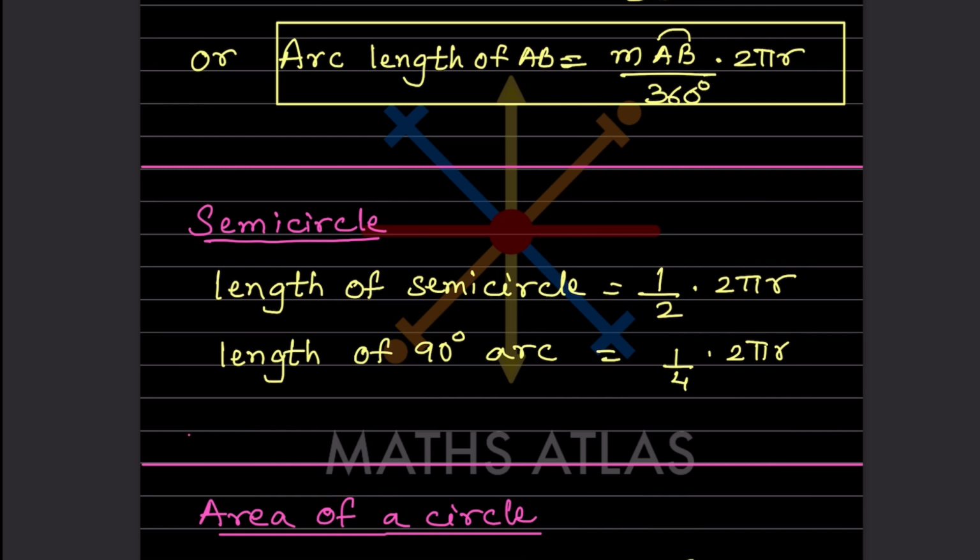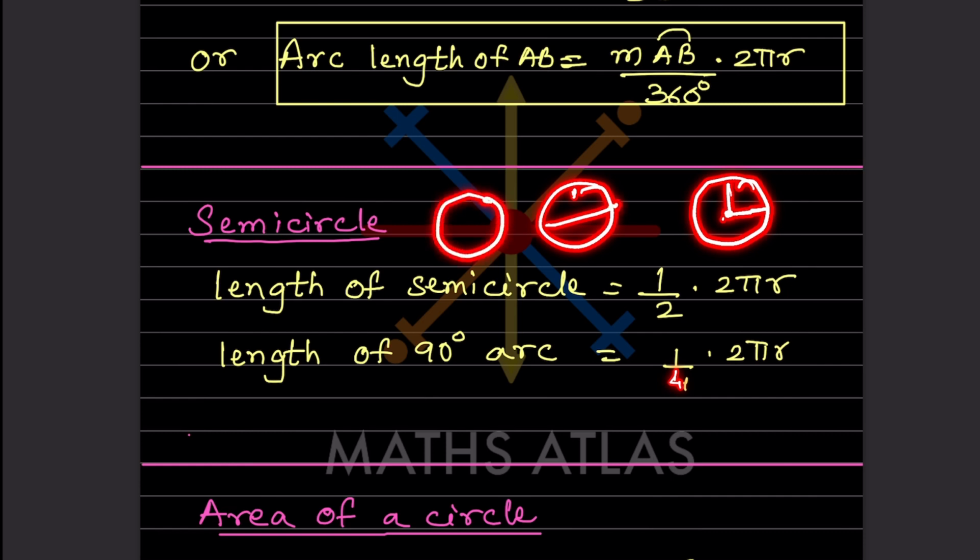And the length of the 90-degree arc is going to be 1/4. See here, this is 90 degrees, this is the point, and this is 90 degrees. Semi means it is going to be a half part, that is half into 2 pi r, because the whole is 2 pi r.